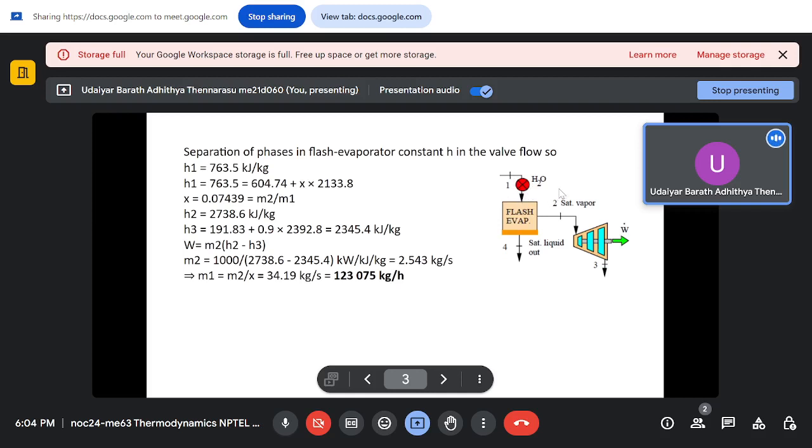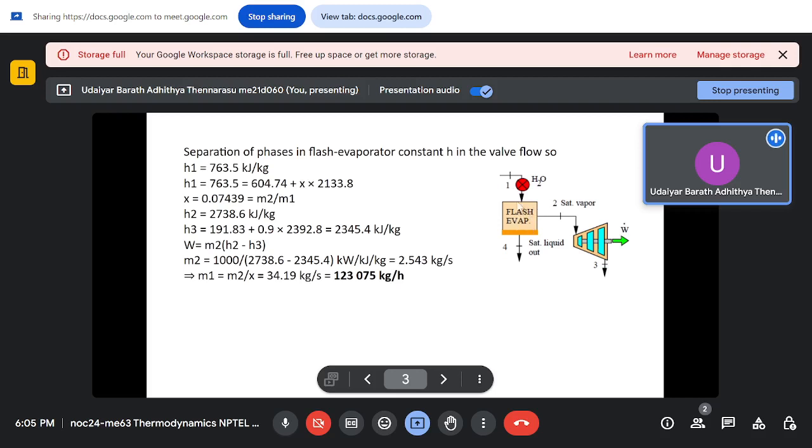If you apply the steady flow energy equation across the throttle, neglecting kinetic energy and potential energy, you don't have any heat transfer or work transfer. So the enthalpy coming in will be equal to the enthalpy going out. So your enthalpy will be constant. H1 will be equal to your flash chamber enthalpy.